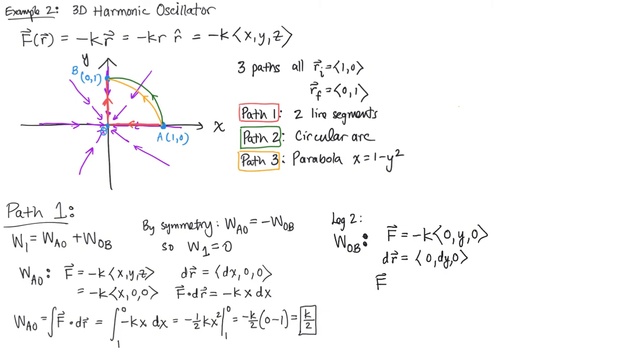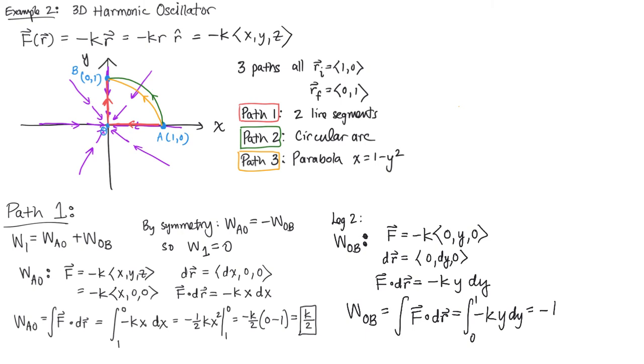So F dot dr in this case will be minus k y dy. And so the work on this leg is equal to the integral of F dot dr, which is the integral of minus k y dy from y equals 0 to 1. When you play that out, you get minus 1/2 k for the work. So when you add these two together, you're going to get a total work of 0.